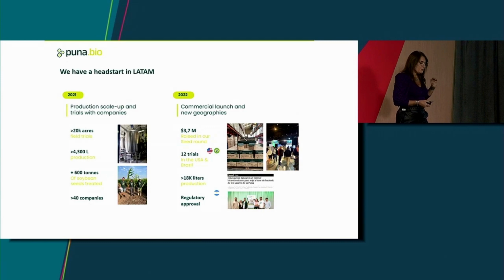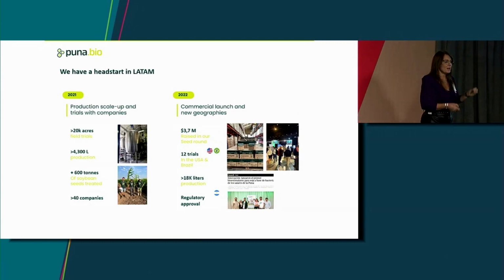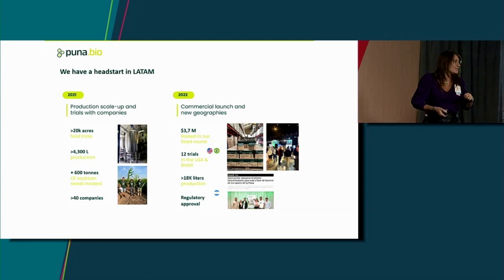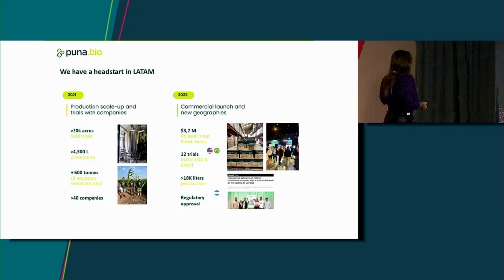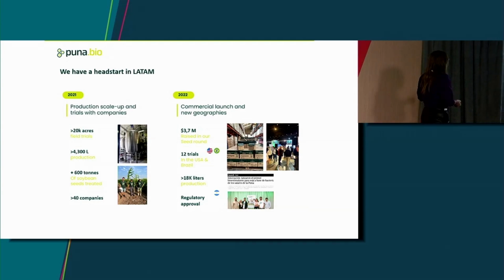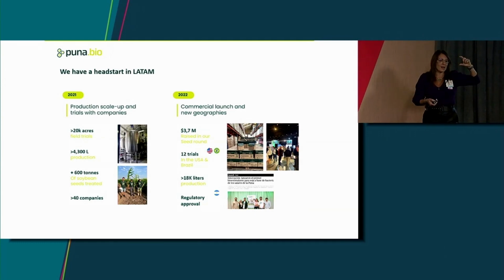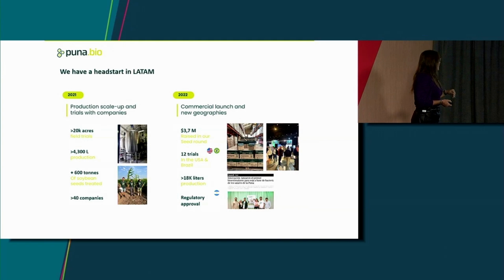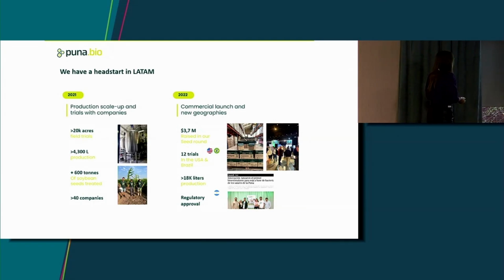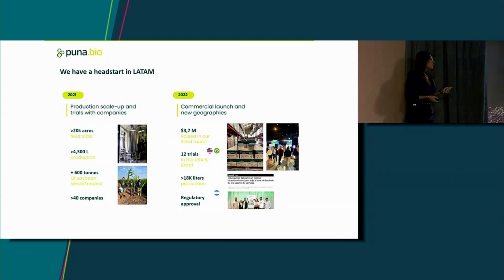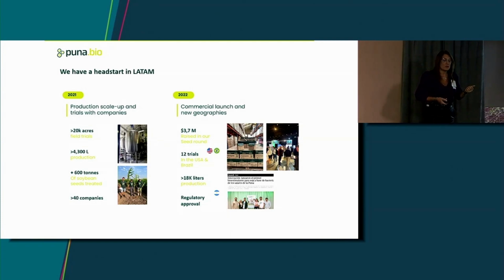So to tell very briefly how I became a biotechnologist, since 2 years ago, when we started producing from a small tube of 10 milliliters, we went to 4,300 liters. We produce inoculant for 600 tons, and we work for more than 40 companies.